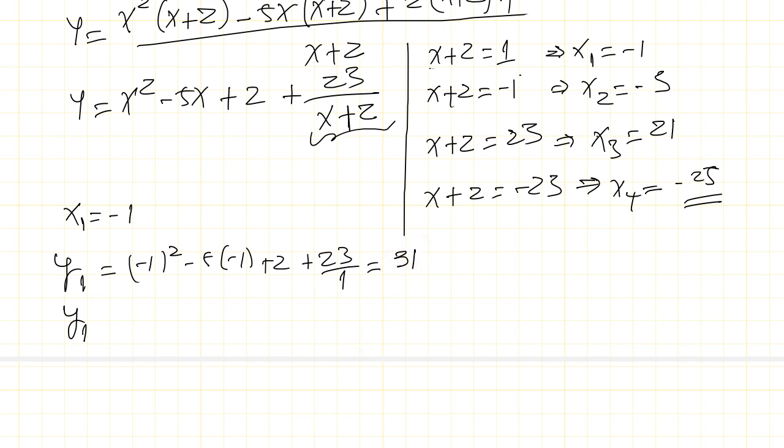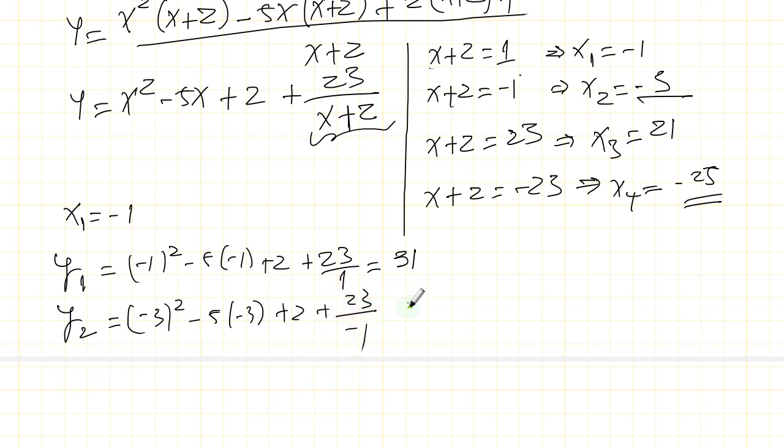Now let's find the value of y2, for x equal to negative 3: negative 3 squared minus 5 times negative 3 plus 2, plus 23, this time divided by negative 1.